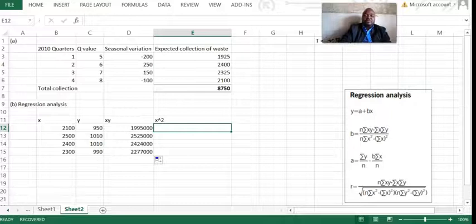You then have to determine the value for x squared. Okay, for x squared, that's equal sign this one, to the power 2, and Excel will do the rest for you.